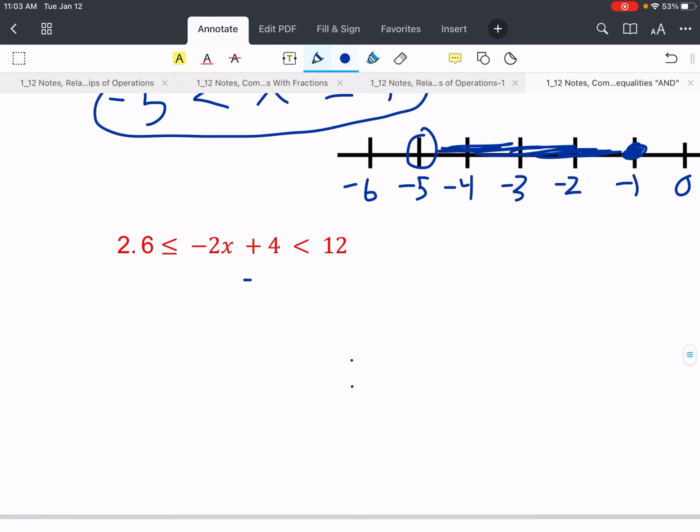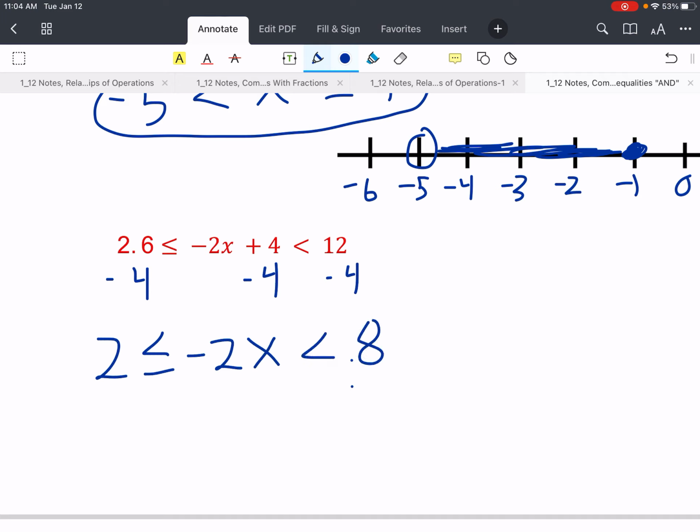Going to be subtracting 4 from both sides. We end up with 2 less than or equal to -2x, which is less than 8. And when we divide by -2, we have to remember that we're going to need to flip the inequality.